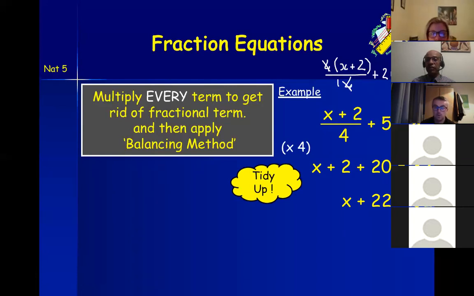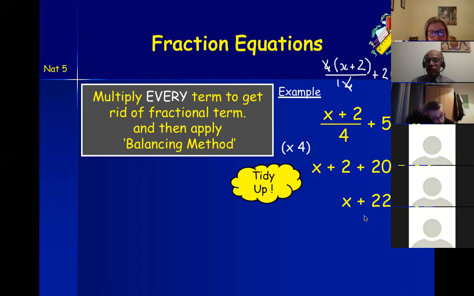Now you've been asked to solve this equation. How do we solve an equation? We use again the balancing method. The balancing method is trying to get x on its own. To get x on its own, because I'm adding 22, I need to do the opposite of adding 22. What's the opposite of adding?